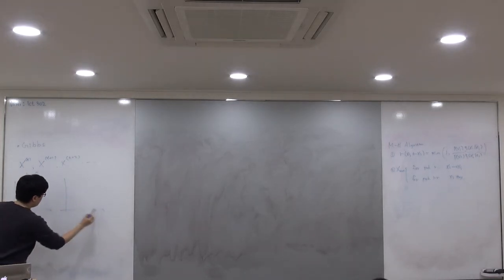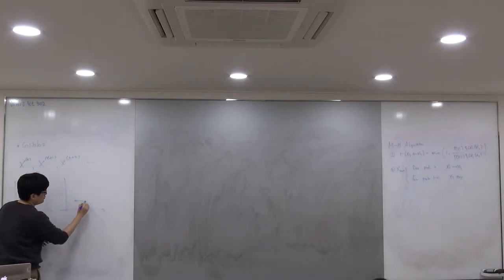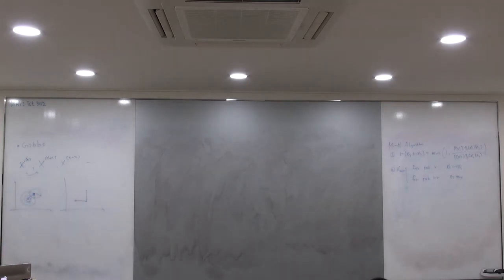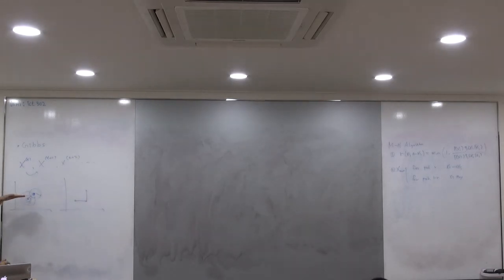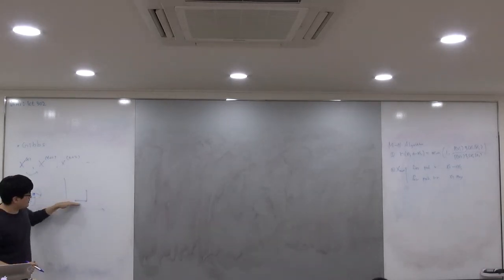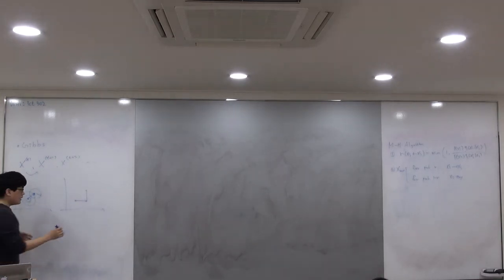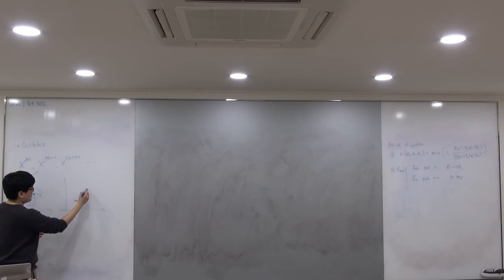In Gibbs sampling, if you're here, then you move in coordinate manner, one dimension at a time. You always have to follow this direction or this direction. But you need to be careful. This is not a single step. These two combine into a single step.